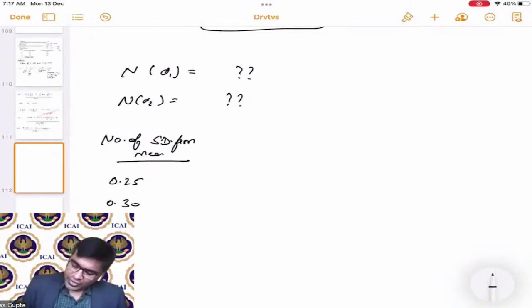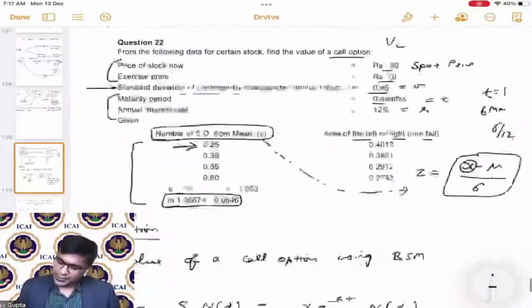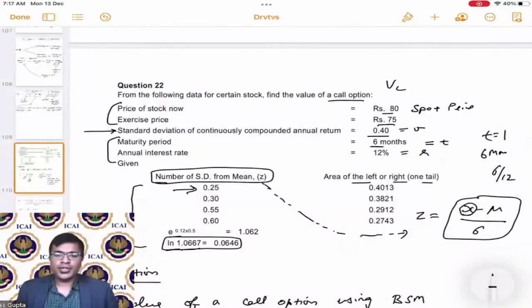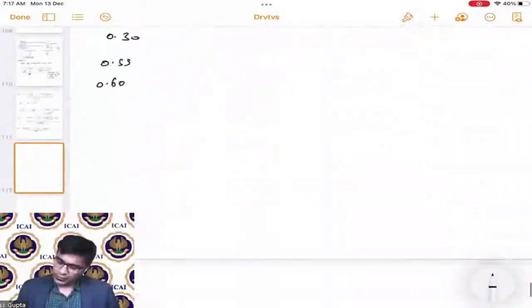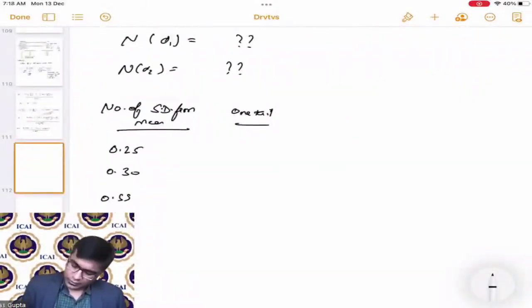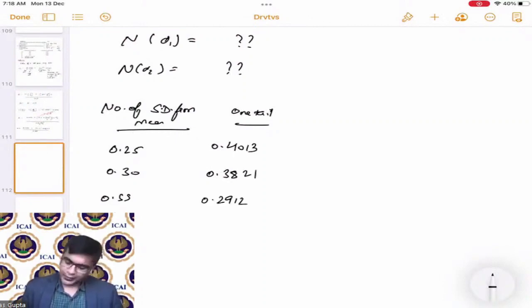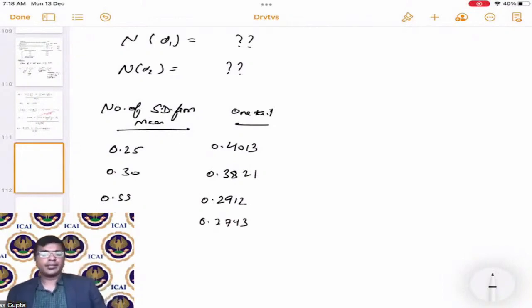Now either left or right. So which is one tail is given as what values? If we see in the question, one tail is given as 0.4013, 0.3821, 0.2912, 0.2743, right?